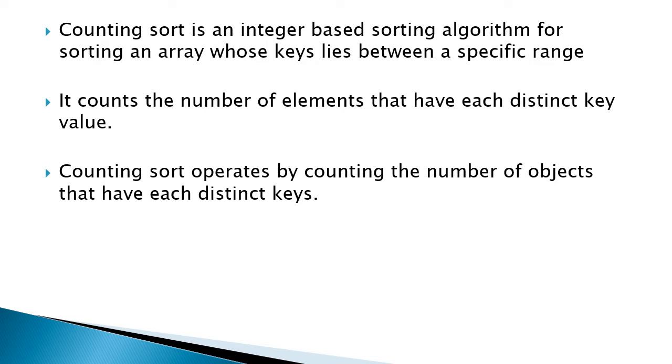Counting sort operates by counting the number of objects that have each distinct key. It sorts the elements of an array by counting the number of occurrences of each unique element in the array. The count is stored in an auxiliary array, and the sorting is done by mapping the count as an index for the auxiliary array.